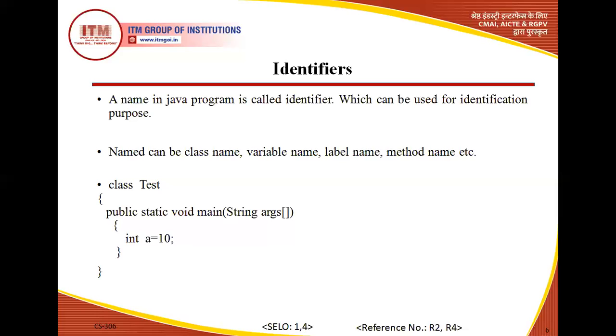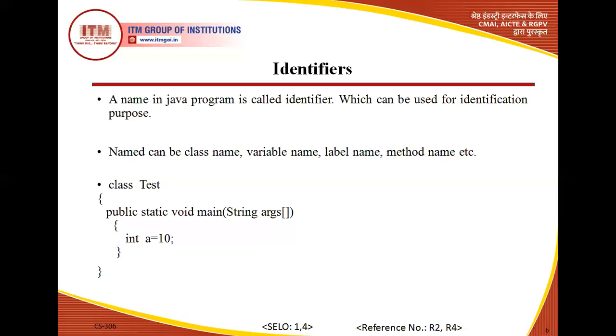Similar to our case, if we have a class of 10 students, how can we identify them? By the help of their names. Because their names are used to identify them, we can say that a student name is also an identifier. Similarly, in a lab we give nomenclature: this is system 1 of lab 1, this is system 2 of lab 1, this is system 5 of lab 1, and so on.